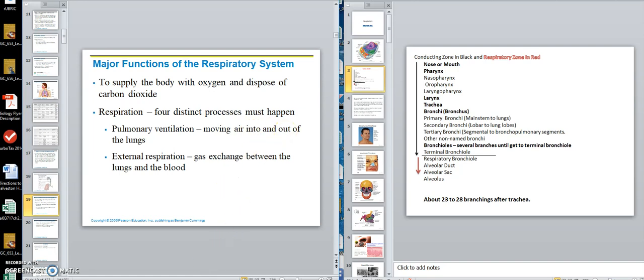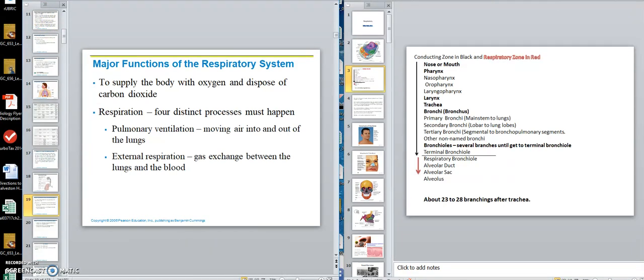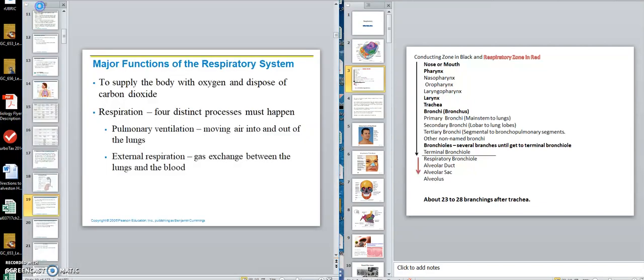Now, I'm going to see if I can find the Respiratory 2 PowerPoint. Let me see what I see here. It's taking a while to get that.